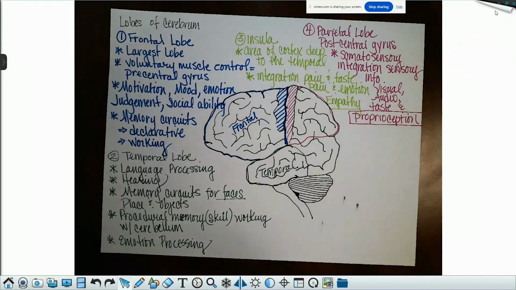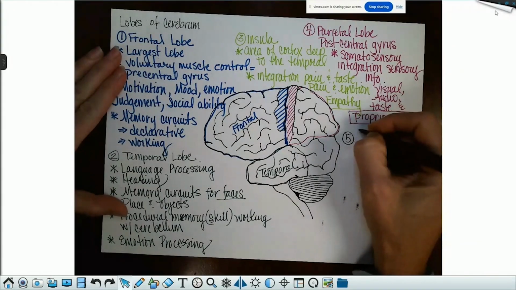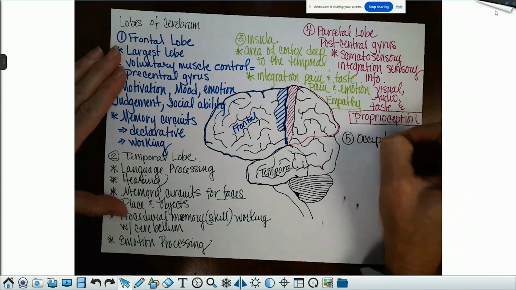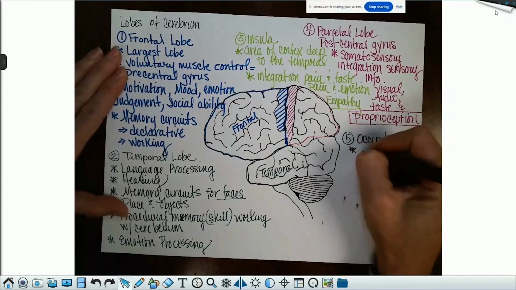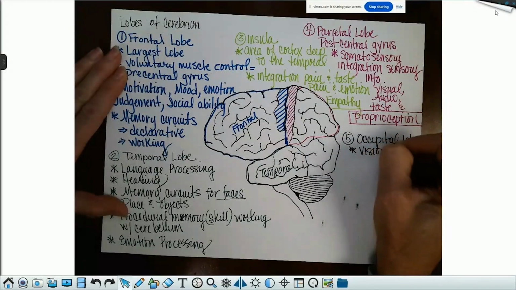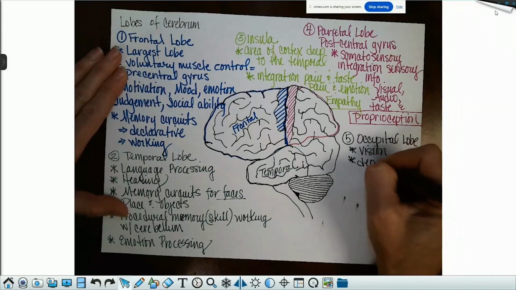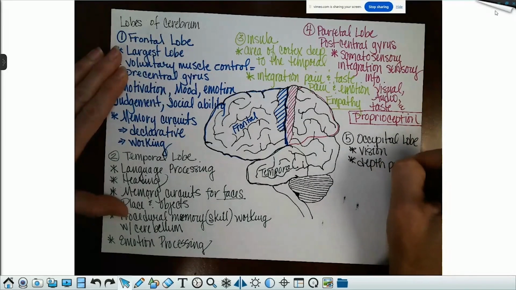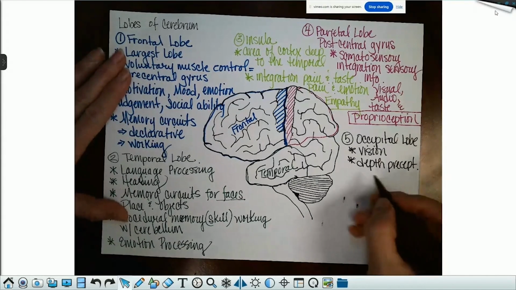Now, one of those modalities that I mentioned has a very specific place where it's processed, and that's visual. So we're at the occipital lobe, and this is a very specific lobe dedicated to vision and depth perception.